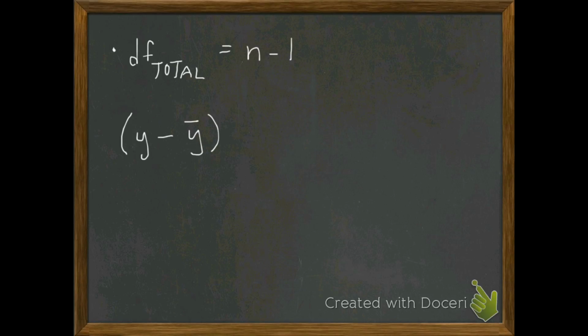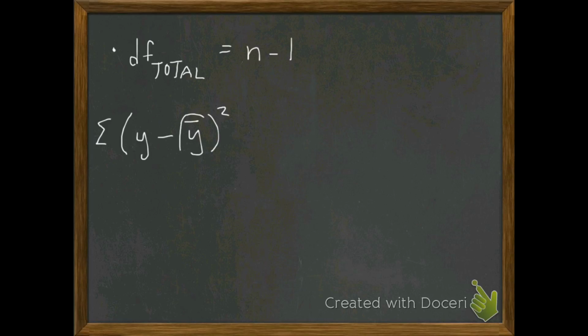So I want to examine each one of these separately. All right. First, let's jump into our degrees of freedom for the total. It turns out that for the total, we have n minus 1 degrees of freedom. Now, think about the way we did these calculations: we took the y value, subtracted the mean, and squared it, and of course we summed it up.